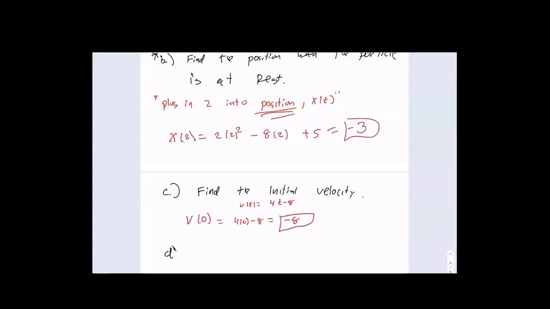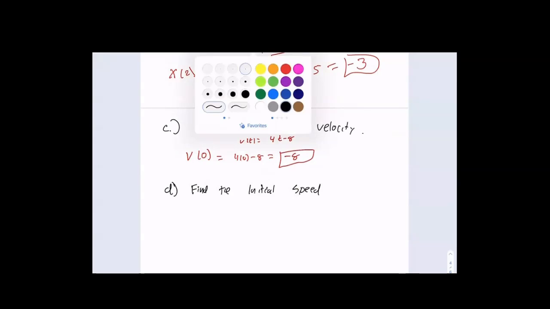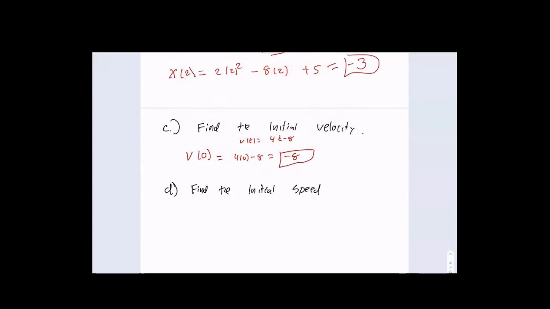D. Last question for the day. Find the initial speed. Hey, there's that word you've been looking for. And so here's a quick little lesson. Speed is just equal to what? Well, I'll just tell you. Speed is just the absolute value, or the magnitude, of velocity.